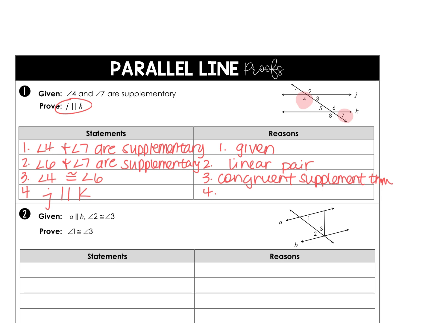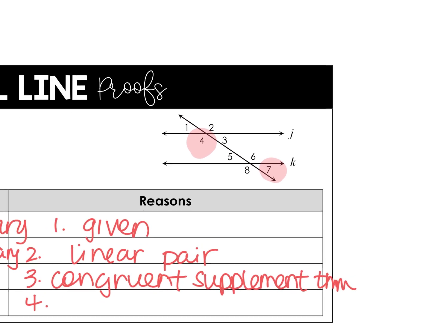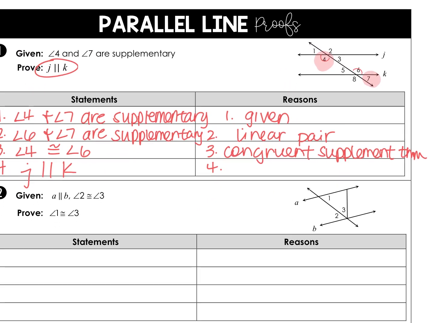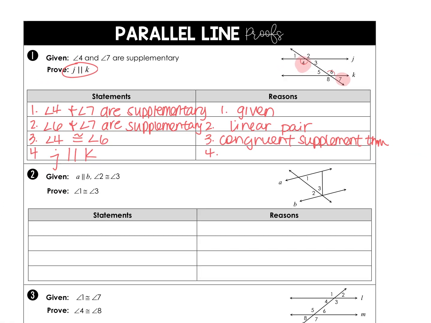And then our last step, well, now we're looking at angle 4 and angle 6. Angle 4 is congruent to angle 6. What kind of angle pair is that? Alternate interior angles. So we are going from, now this isn't an important notation, we are going from the congruent sign to the parallel sign.